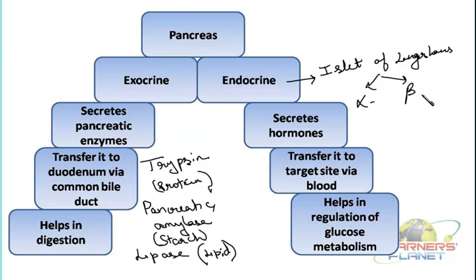These alpha cells and beta cells secrete different types of hormones. We say that these endocrine glands secrete hormones. The word hormones itself says there is more than one type of hormone, isn't it? So which is it? The alpha cells secrete the hormone called insulin.